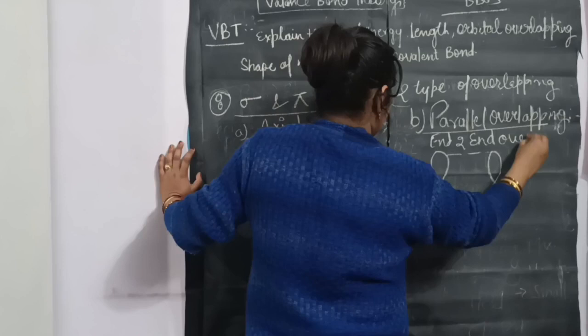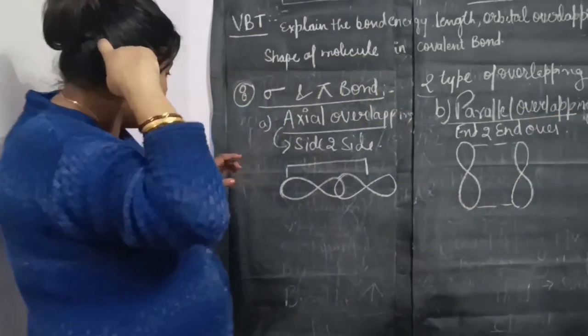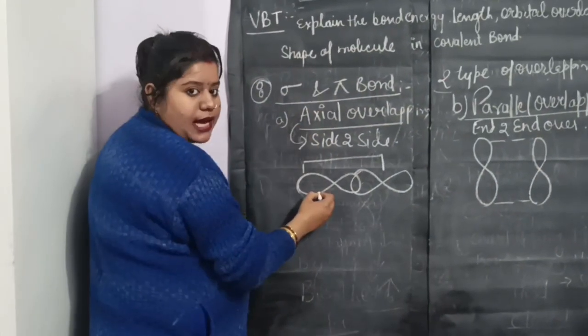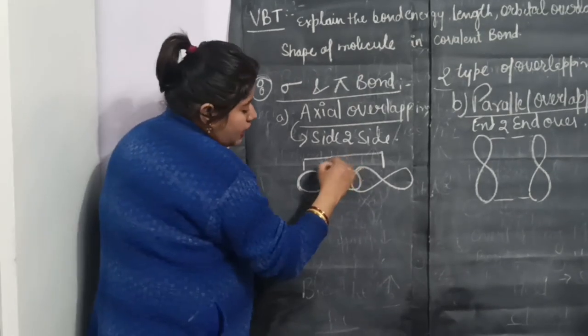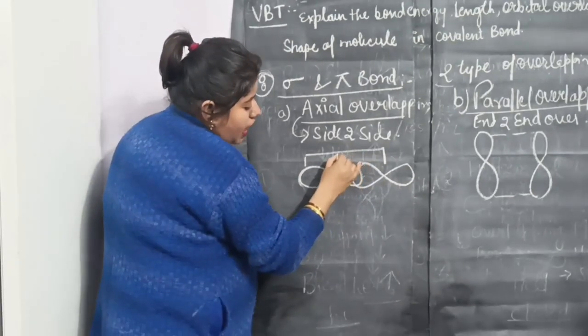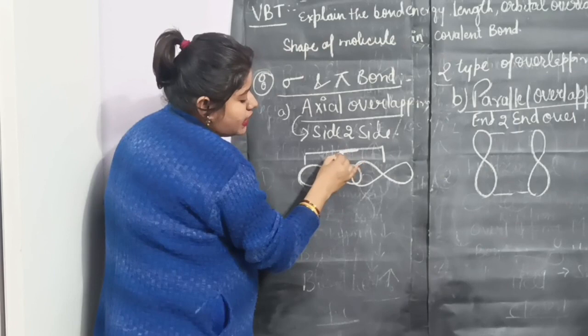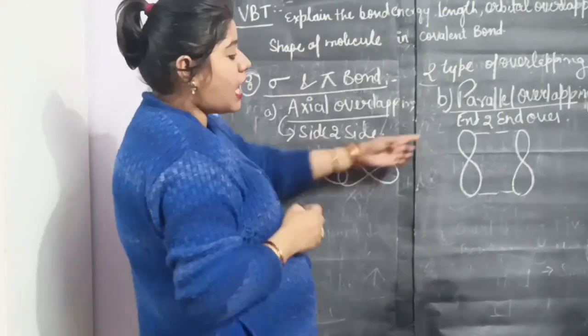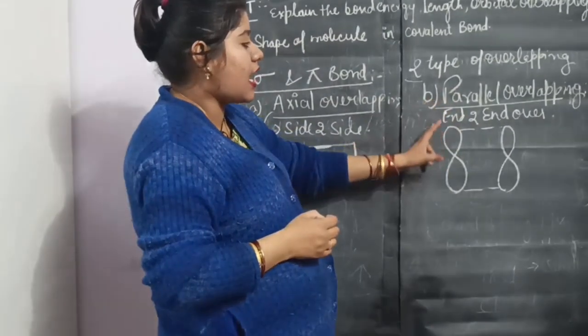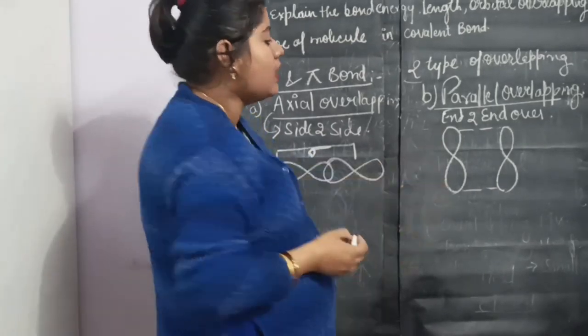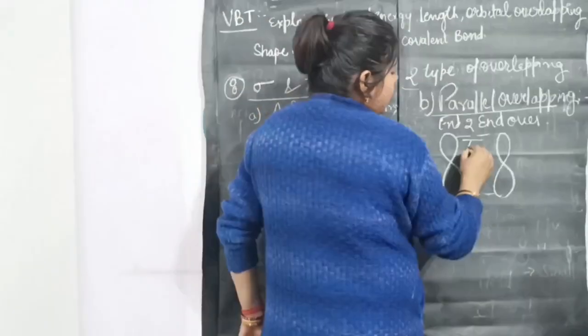When they are in axial form, they always form a sigma bond, and if they are in parallel overlapping, they always form a pi bond.